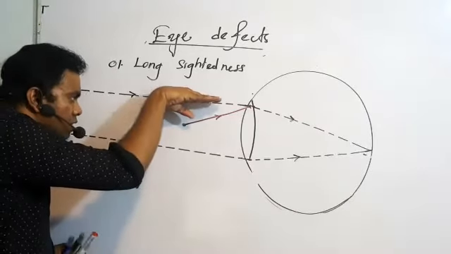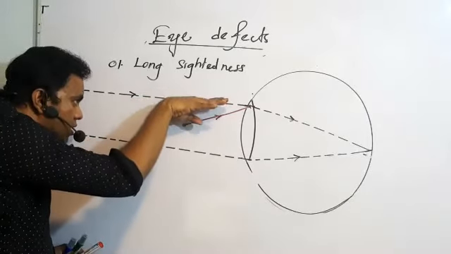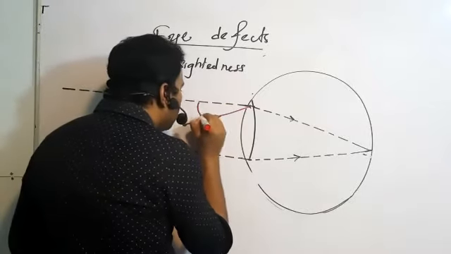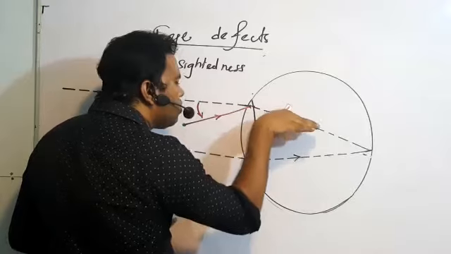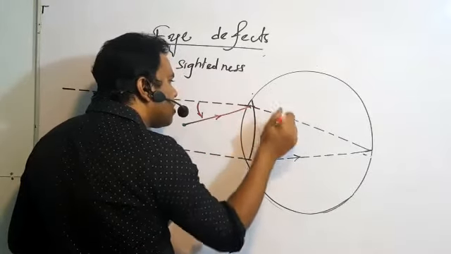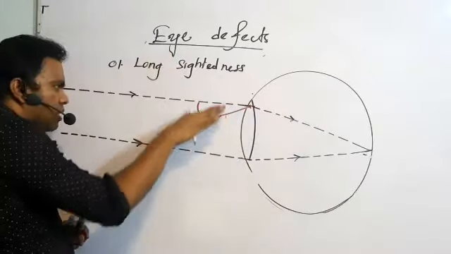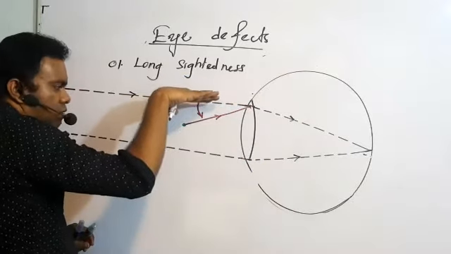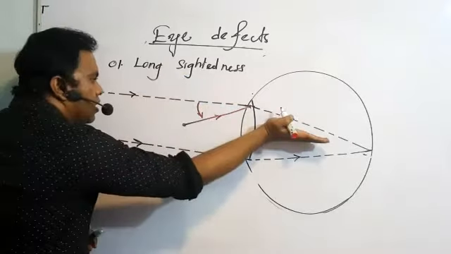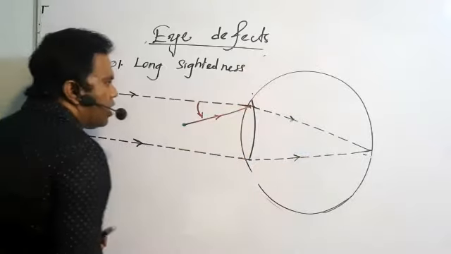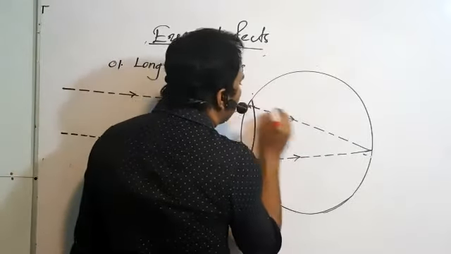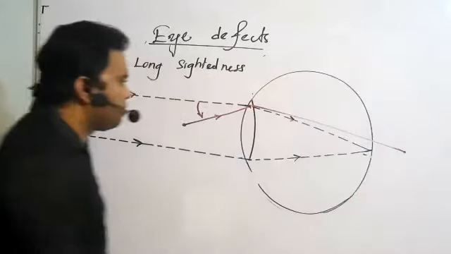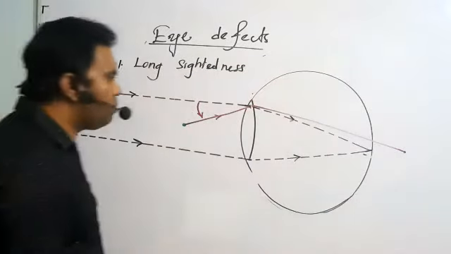If this parallel light ray comes down like this, it's as if it was pulled down. Then what happens to this refracted ray? It goes up. If we pull this down, this rises up. As a result of this, focusing occurs away from the retina.